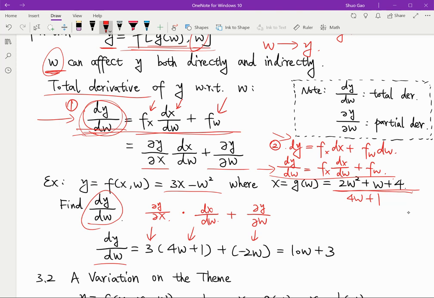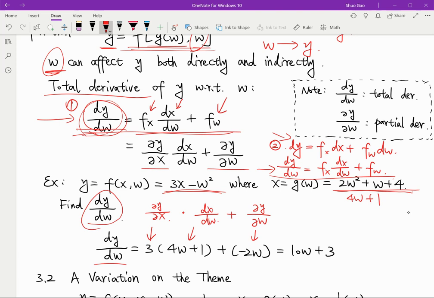Just pay attention that when we calculate partial y over partial w, we consider x as a constant in the function. Although x is a function of w, when we calculate the partial y over partial w, we just consider x as a constant, right? We don't just plug in the x and then calculate, right? That's wrong.